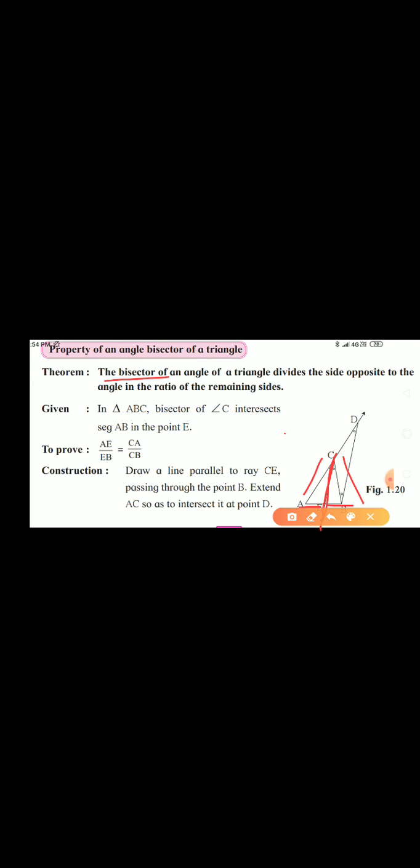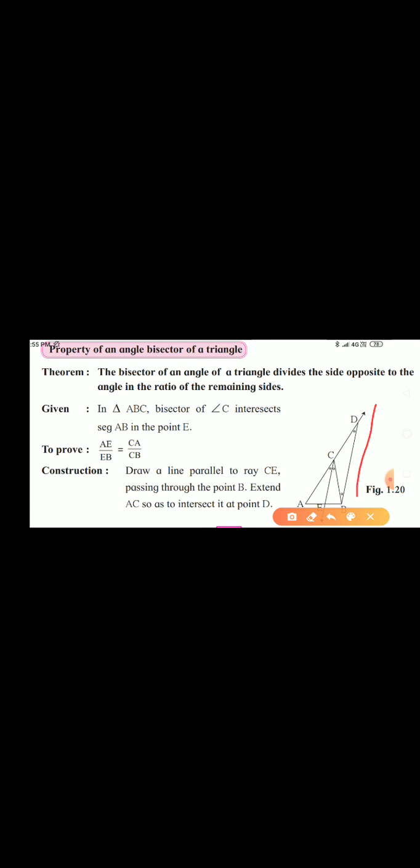So here we have to make the construction. See the construction. Draw a line parallel to ray CE, that is the bisector of angle C. So we have to draw a parallel line. This BD is the parallel line.